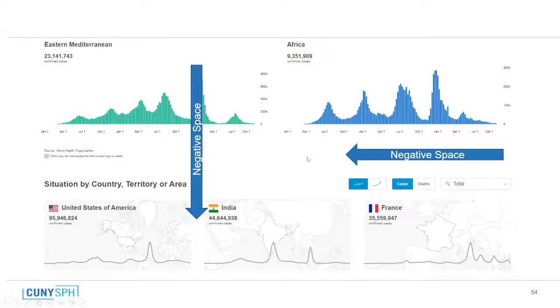It's better to use the negative space and not have a lot of lines. If you start imagining the lines here, those lines are going to look busy and they're going to be distracting.